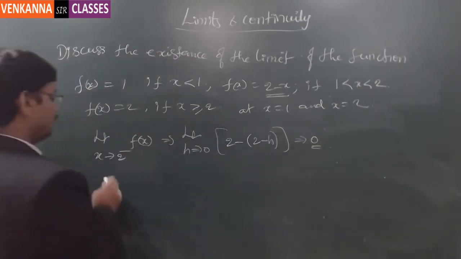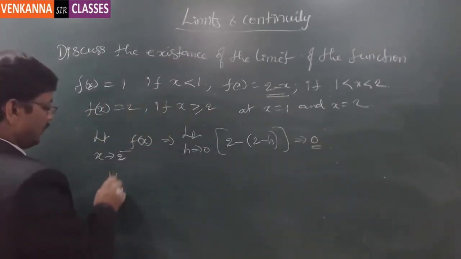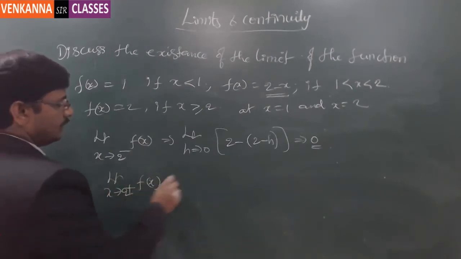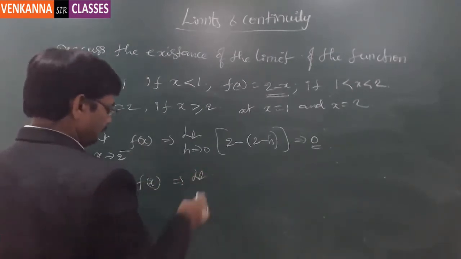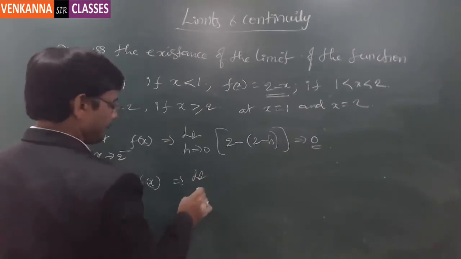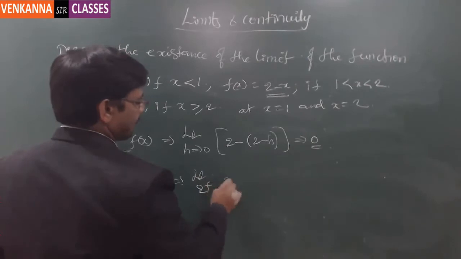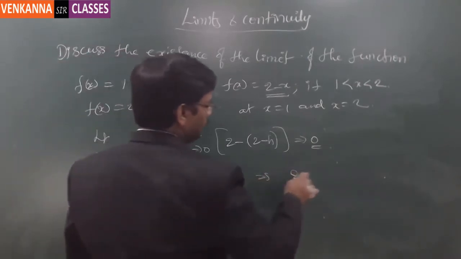On the right limit, if you take limit x tends to 2 plus f of x, this is a constant function value. f of x is 2, then you can straight away take the 2 value.